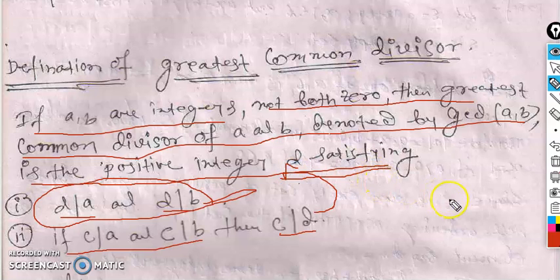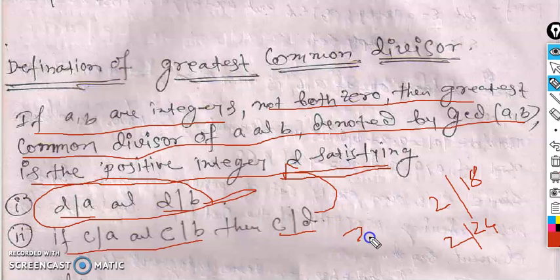Consider an example, say 18 and 24. 2 is a divisor of 18, and 2 is also a divisor of 24.